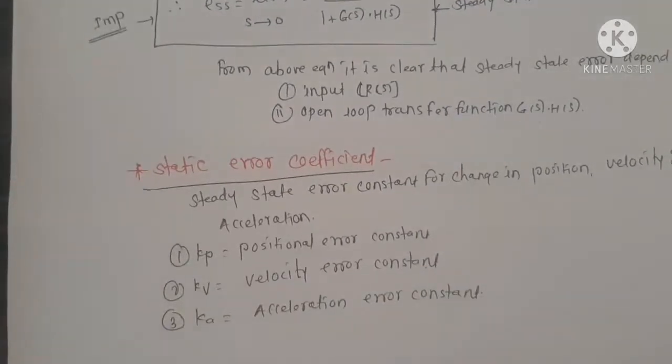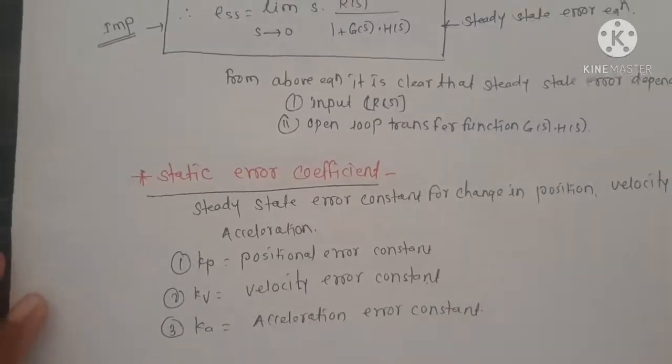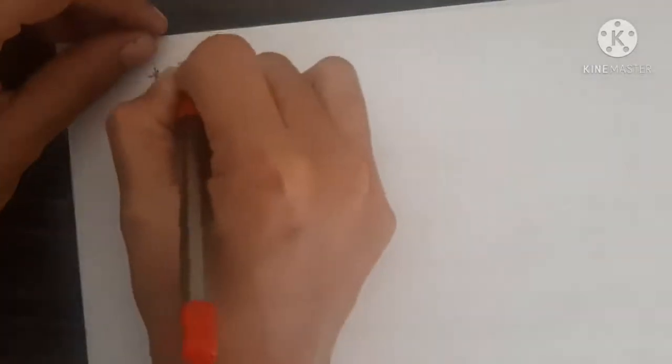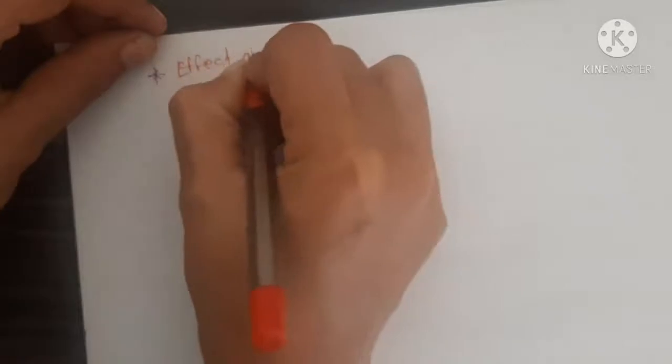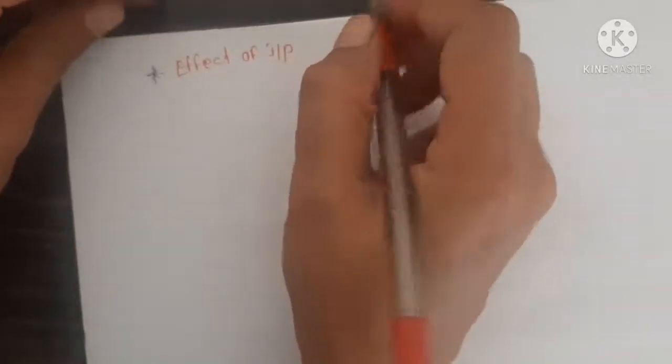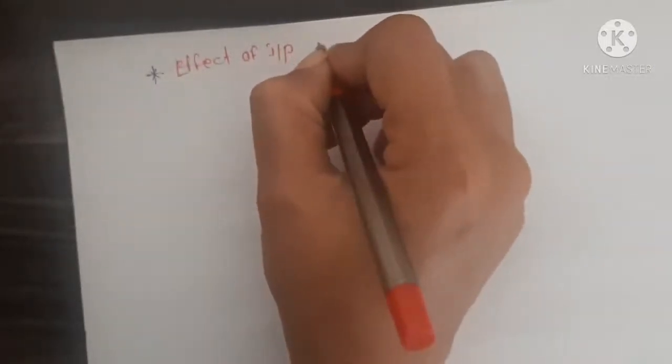So let's see the effect of step input on steady state error. Because we have seen it depends on the input and the open loop transfer function.